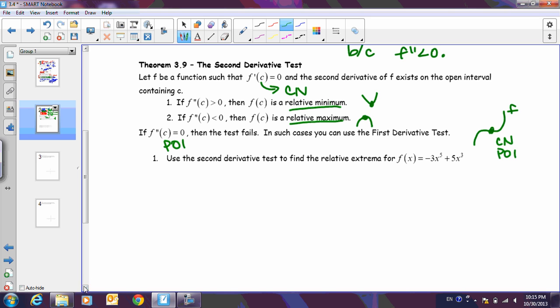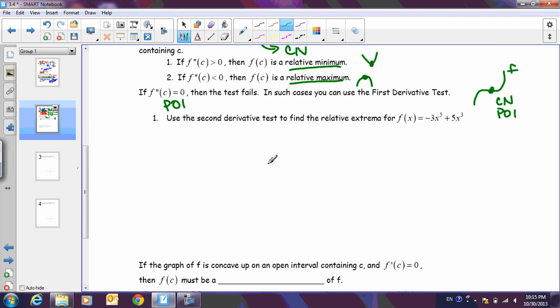All right, let's go ahead and use the second derivative. So again, first things first, we need to find the first derivative. Always start there. So we have negative 15x to the fourth plus 15x squared. And in this case, I do need to find the critical numbers. So I'm going to go ahead and set this derivative equal to 0.